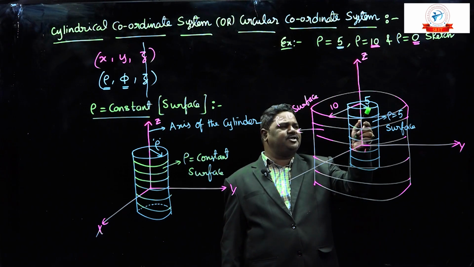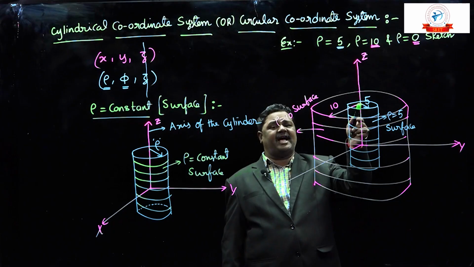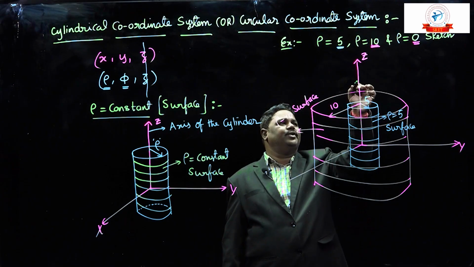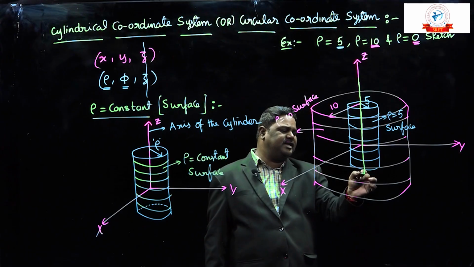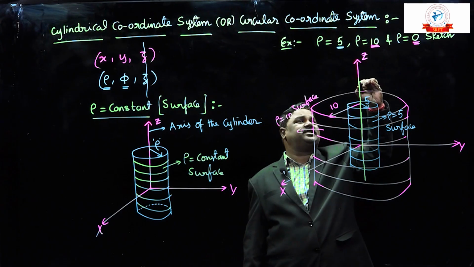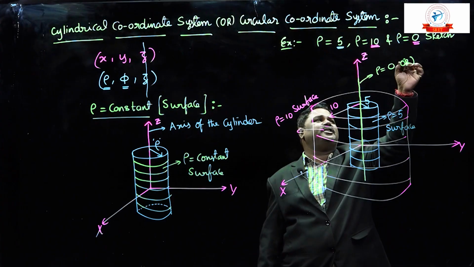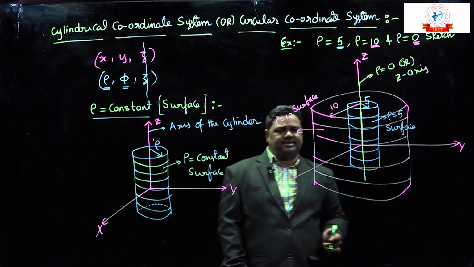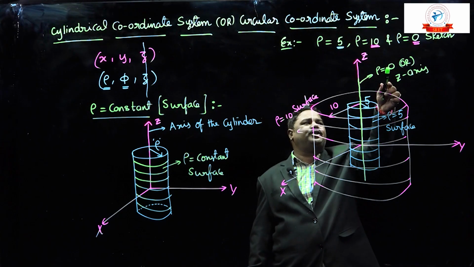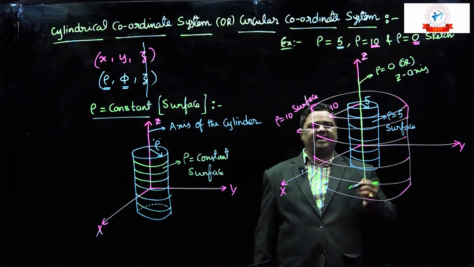When the radius becomes 0, the cylinder surface will coincide with the cylinder axis. What is the cylinder axis? It is nothing but the z axis. Simply, rho is equal to 0 is the entire z axis, or cylinder axis.